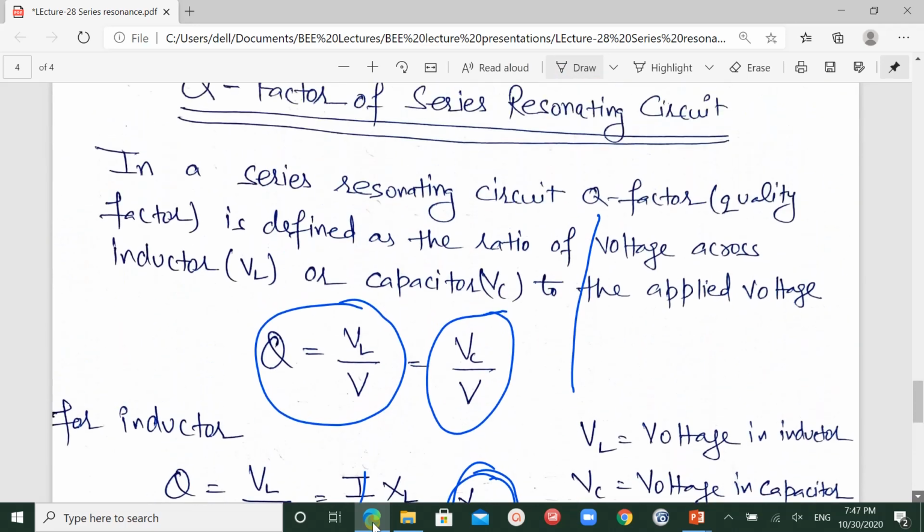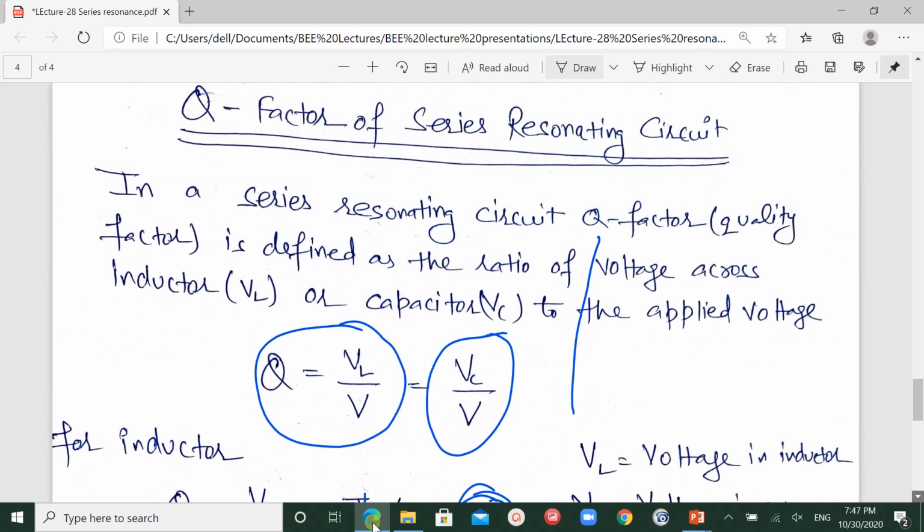Its definition is that in a series resonating circuit, quality factor is defined as the ratio of voltage across the inductor or capacitor to the applied voltage.